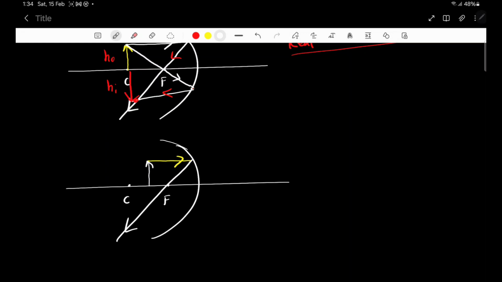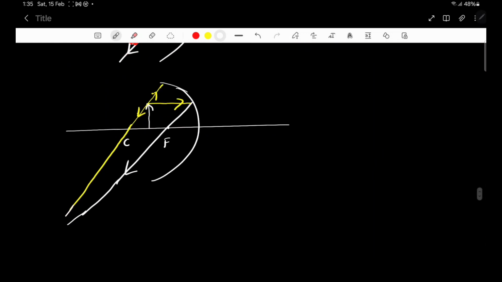I can consider one more rule also. From the top tip of the object, I have drawn a line. If I extend that backwards, it seems to be coming from the center of curvature. So this light ray, after getting reflected, will retrace its own path. So these two reflected light rays seem to be meeting somewhere.